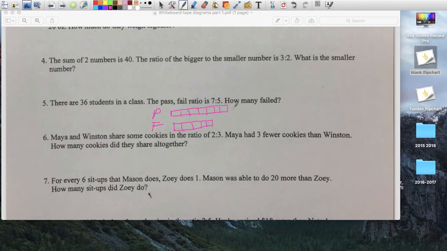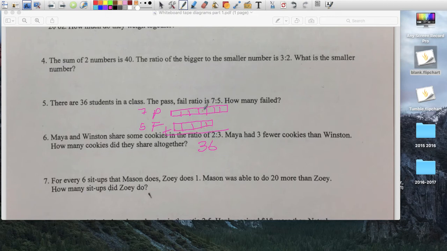So this represents 7 to 5: 7 boxes for 7 students and 5 boxes for 5 students. Now we want to see how many failed out of a total of 36. If I add every box here plus those boxes, the kids that passed plus the kids that failed should give me 36. So what number can I put in each of these boxes to give me 36?